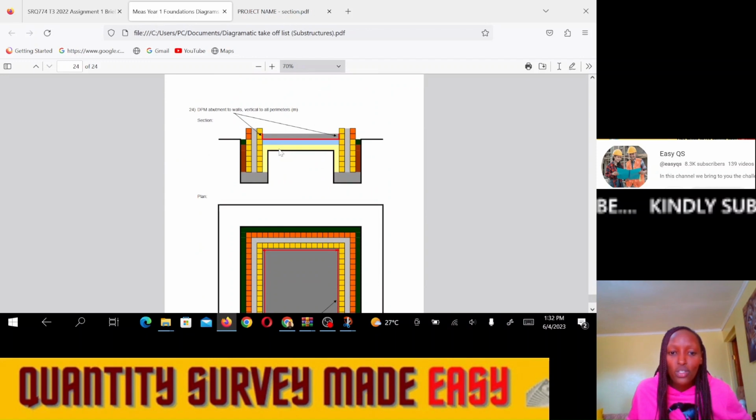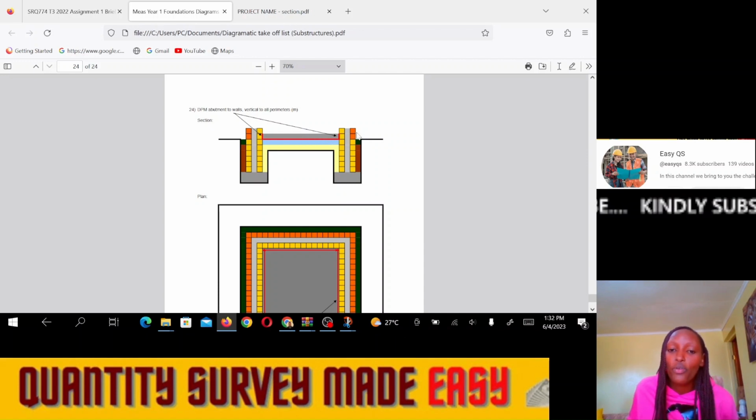So we shall go almost to the last item, which is DPM, to the vertical, to the perimeter. You see, this is the concrete that we have done. Between the wall and the concrete, we usually have some DPM coming up. The membrane will come up here. So it goes up the wall, so that water that can be coming through the concrete doesn't seep into the walls.